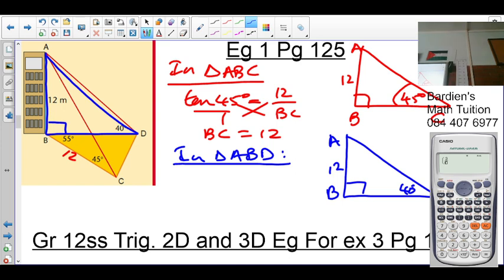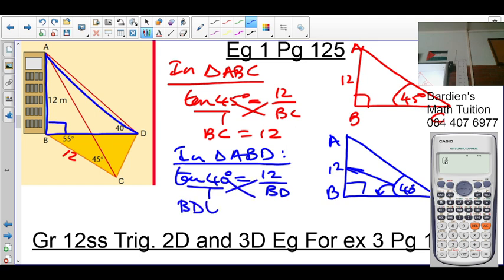But I can calculate AD. But it's again useless. I don't need it. But what I need is actually BD. You all understand? So, which trigonometric function uses opposite and adjacent? Again, tan. So, tan of 40 degrees equals opposite, which is 12, over BD. That's naturally over 1, so cross multiply.